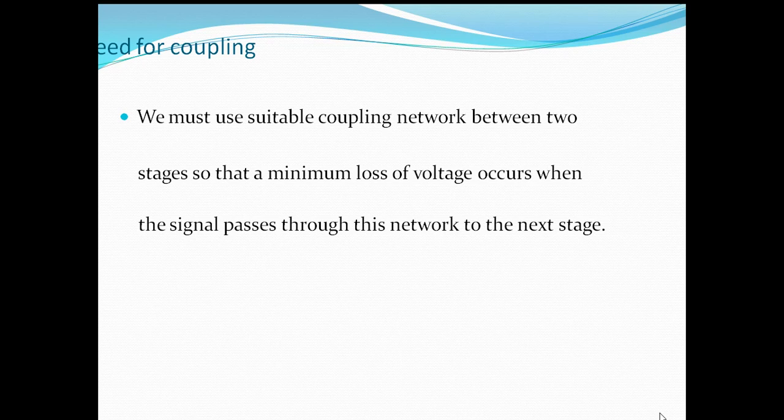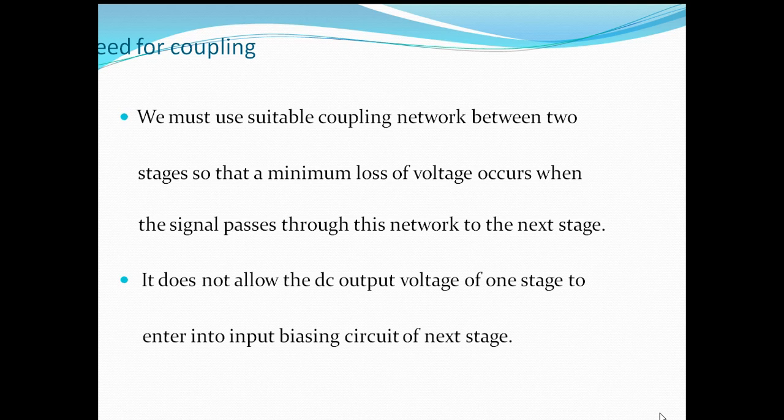Here, we must use a suitable coupling network between two stages so that a minimum loss of voltage occurs when the signal passes through this network to the next stage. Actually, the signal has to transfer over so much distance. Therefore, there should not be any loss of signal from one stage to another stage. In that case, the coupling is very much needful.